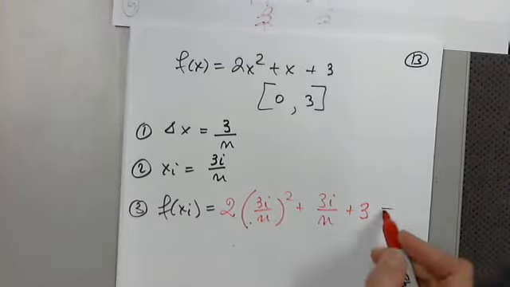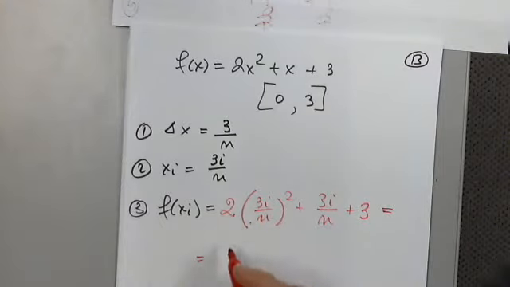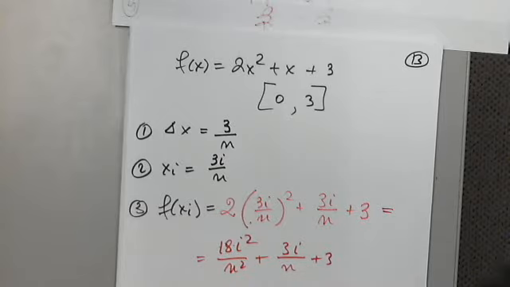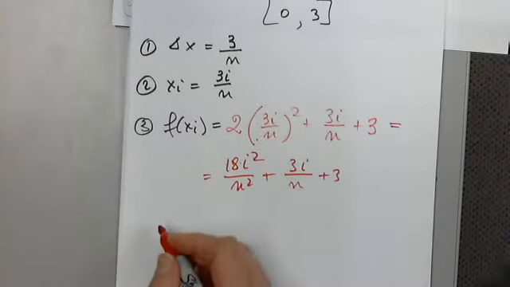So I see that this is 9 times 2, right? 18i squared over n squared plus 3i over n and plus 3. So now I put everything together.